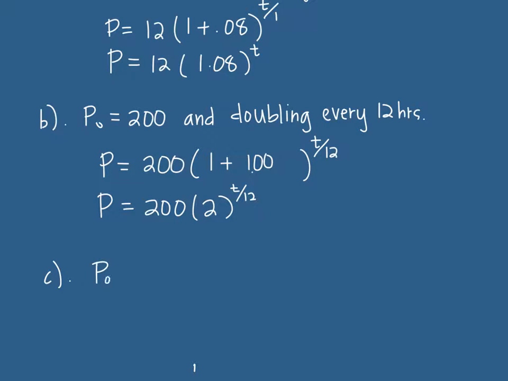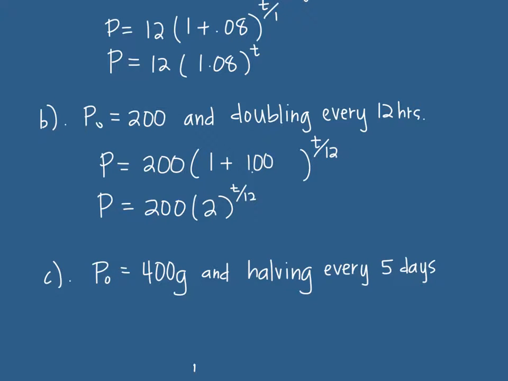Okay, C. Let's say the original is 400 grams. And it is halving, okay, cutting itself in half every 5 days. So is this getting bigger or smaller?